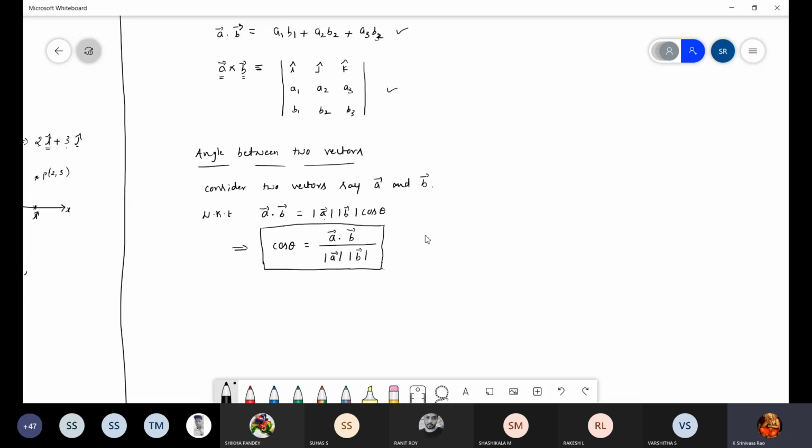For example, calculating velocity and acceleration, and calculating the angle between two velocities like v1 and v2. So in place of a, v1, and in place of b, v2. Similarly, if they ask about acceleration, a1, a2. So the concept is the same. Try to understand these basic definitions, and we will use them to solve the problems.